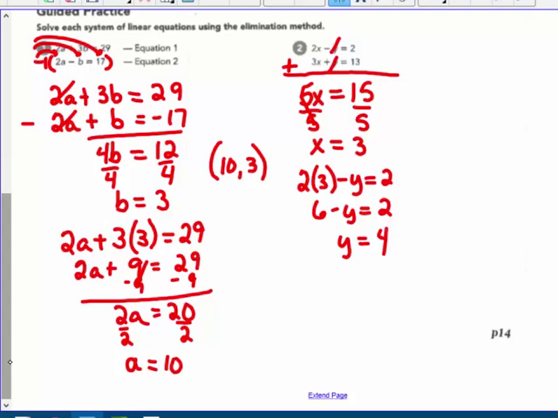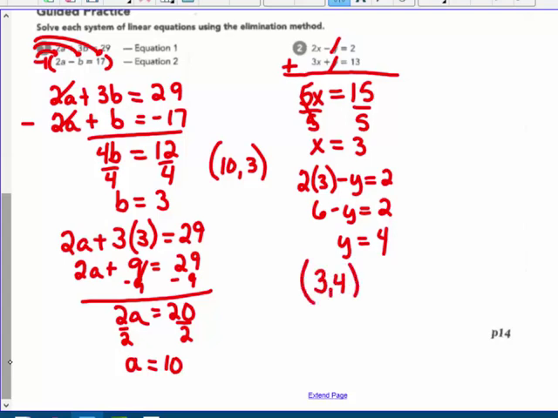Not negative y. y equals 4. And checking it back in there, 3 times 3 is 9, plus 4 does equal 13, and 2 times 3 is 6, take away 4 is 2. So it works in both equations. That's my check. I did it mentally. You heard me say it. So the solution is 3, 4.